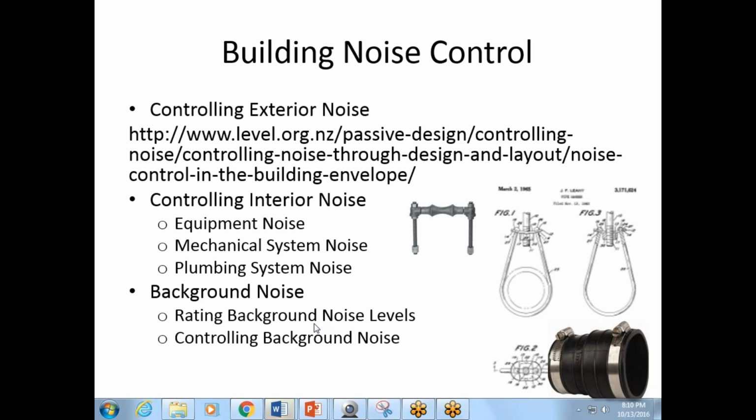So building noise control, controlling exterior noise. When we have exterior noise problems is where we're starting to see those large expanses of glass more and more, as well as opening up spaces so that we have the open office environment and less separation between certain interior areas that are already noisy, as well as less separation from the exterior elements, such as, as we said, making sure you don't put a hospital next to a very busy park, or even if you have a parking lot, you want a buffer between that and your main work area.